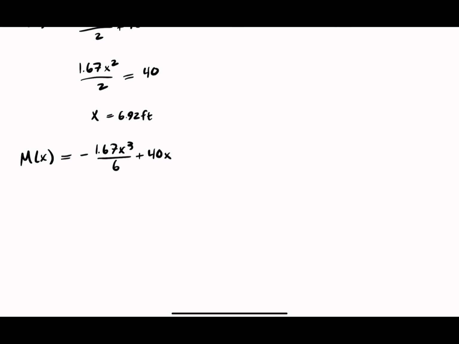So the moment at 6.92 is equal to, if we plug 6.92 in as x, 184.6 kip-feet.